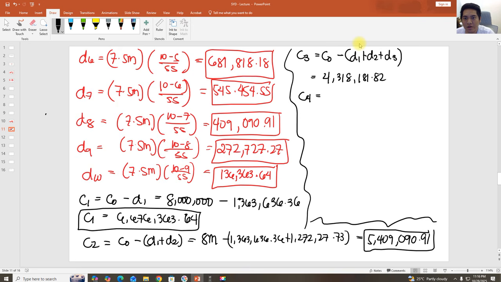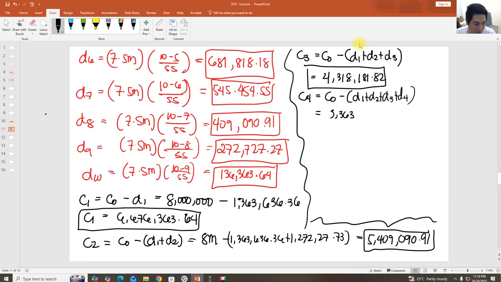For the C4, first cost minus D1 plus D2 plus D3 plus D4. The first cost is still the same. It's always the same, guys. It's always the 8 million because that is the first cost. So we have 3,363,636.37. So that would be our C4.